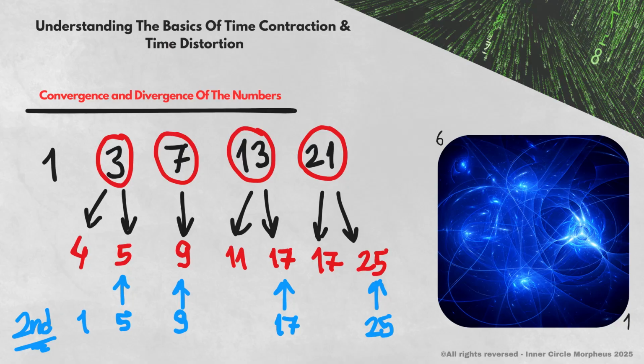As it's written in blue color, we get the second sequence here extracted from the initial one, which is 1, 5, 9, 17, 25. Do you know what happens when 13 is delayed to 17 and 21 is hastened to 17 at the same time? I want you to think, Neo. And we have the most perfect sequence in the universe, which is 1, 3, 6, 9, 15, 24.